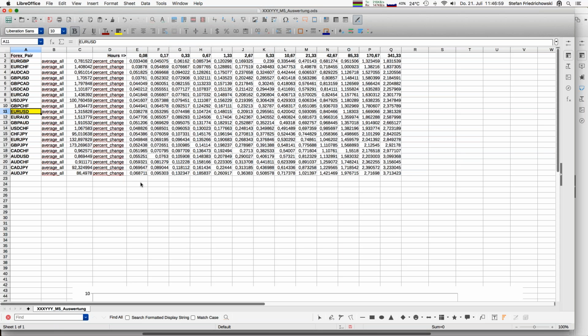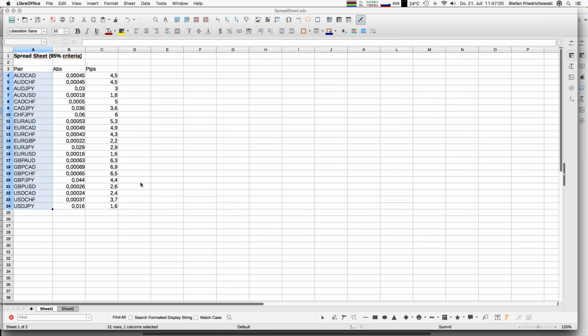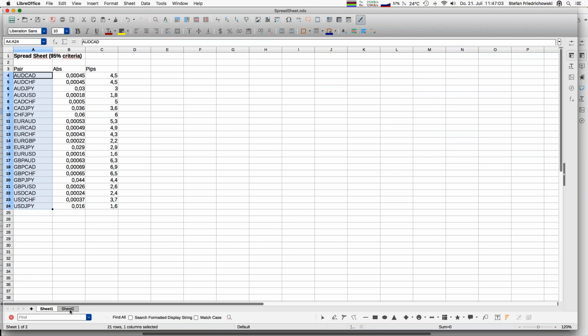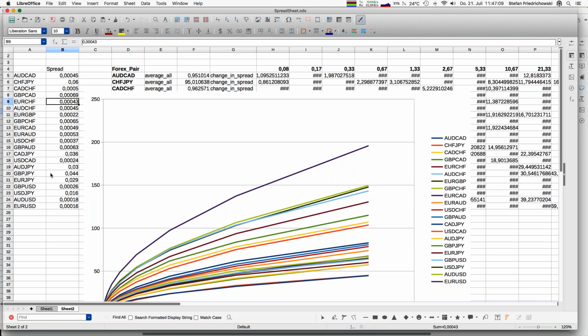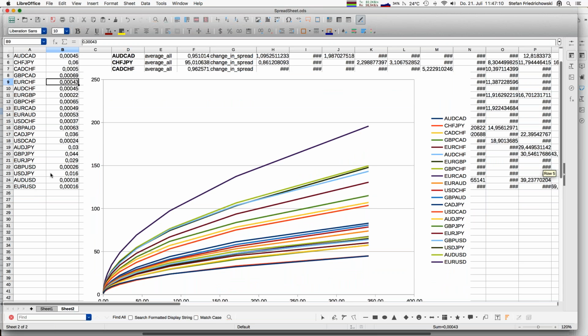So let's go back to my spreadsheet here with a table of all the spread values. And what I have done now is go directly to the final result.